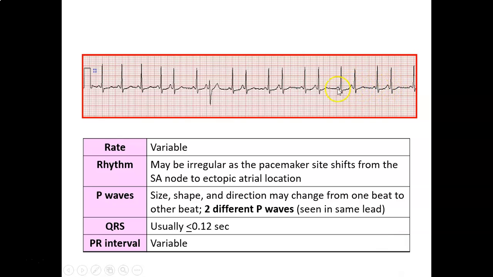So these are 2 different shapes of the P waves, and QRS complexes are narrow, so it means they're coming from the atria.